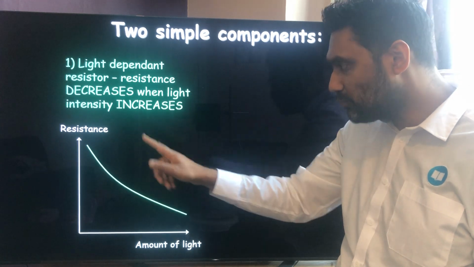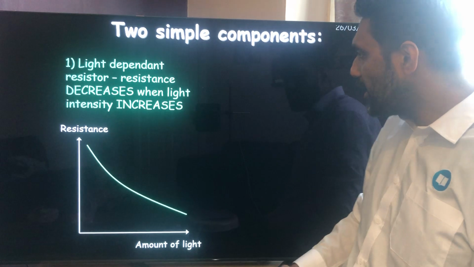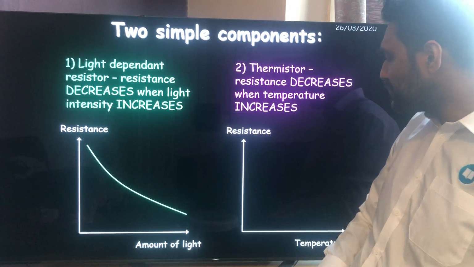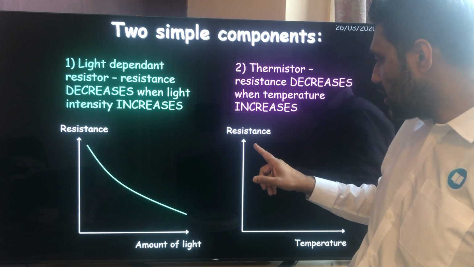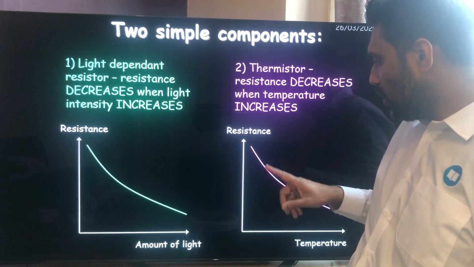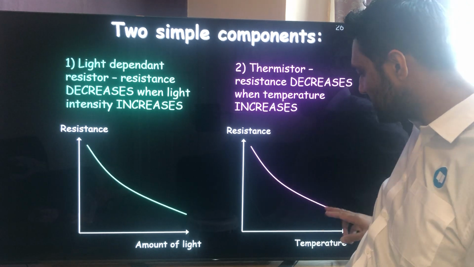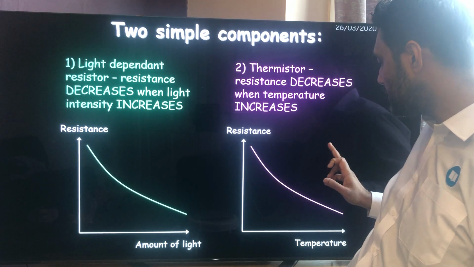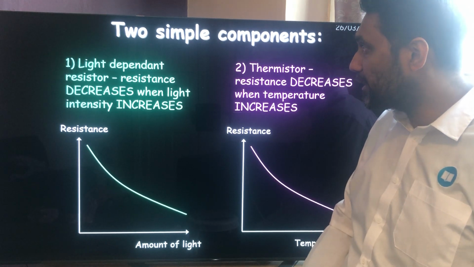So the more light, more current, therefore less resistance. And for your thermistor, same again, the hotter it gets, the lower the resistance. So if it's getting hotter, there must be more current flowing through. It'll be the opposite line to this. The current would go the other way, like that, showing you that there's more current going through that circuit.